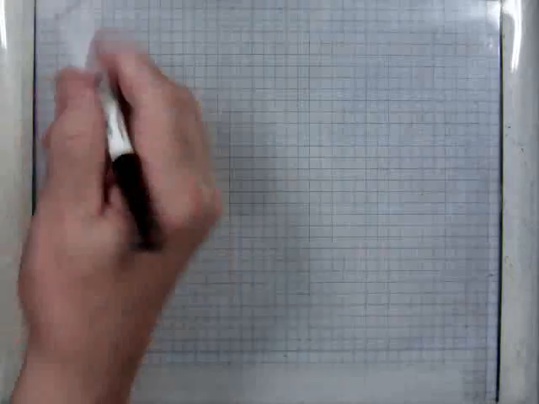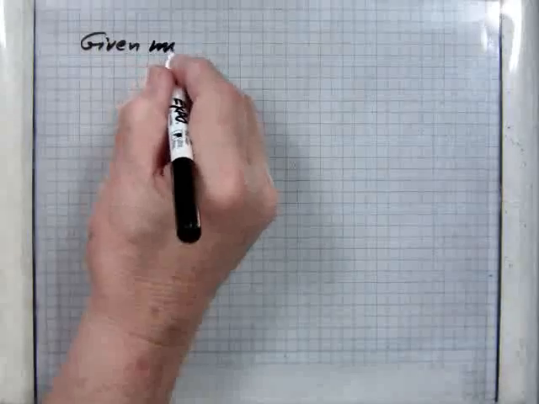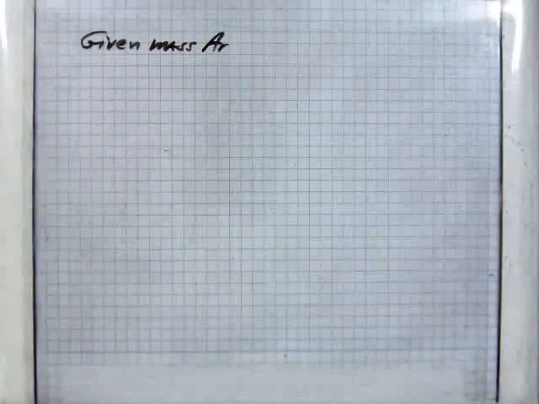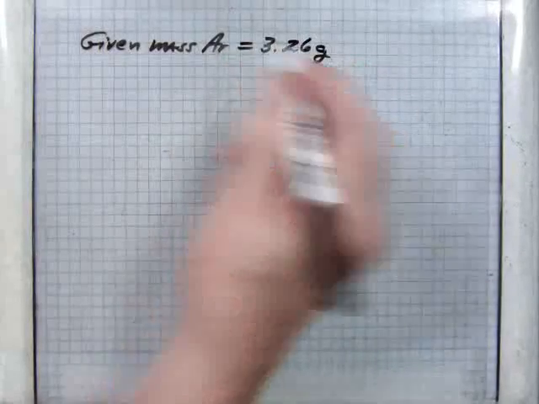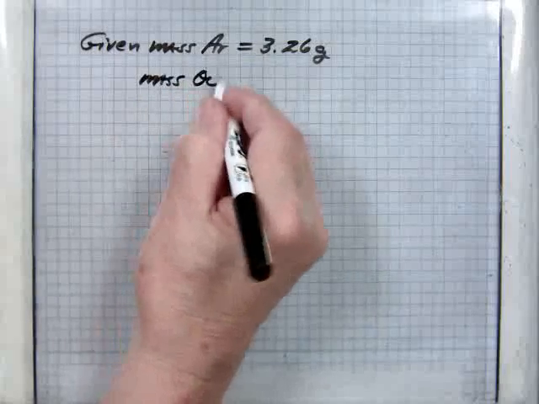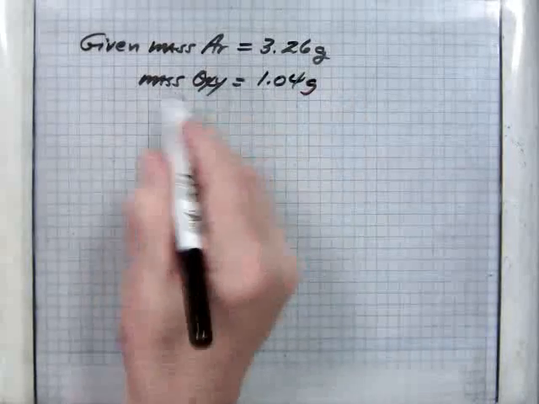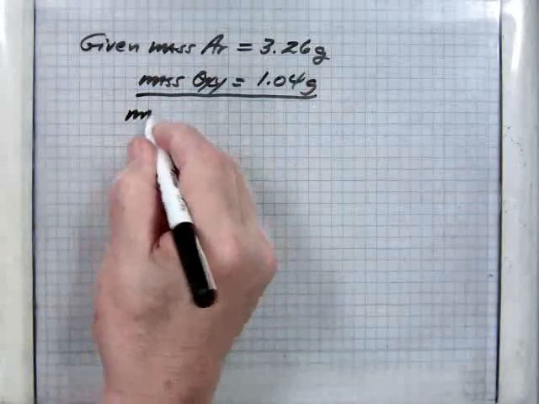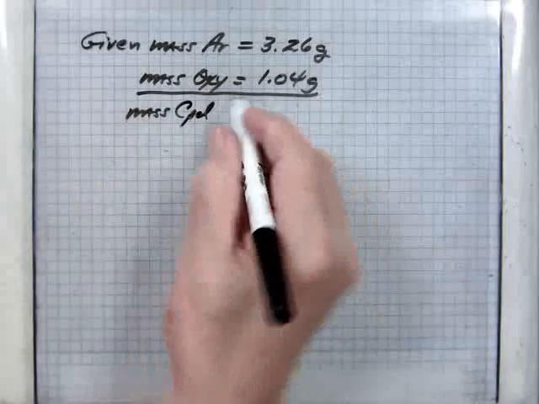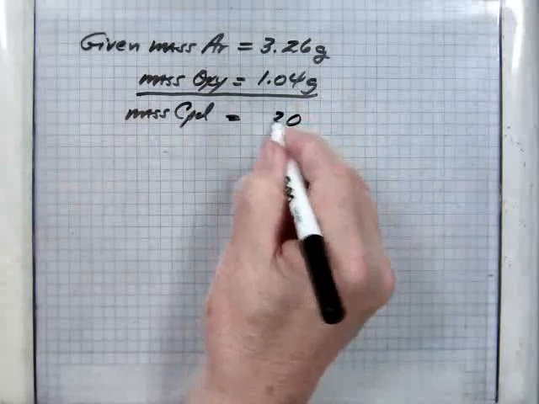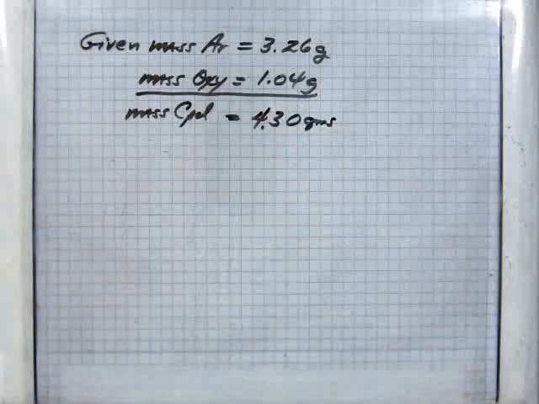So in this problem, we're given the mass of arsenic is equal to 3.26 grams, and the mass of oxygen is 1.04 grams, and we add those together: the mass of arsenic oxide, or compound, is equal to 4.30 grams based on the data given.